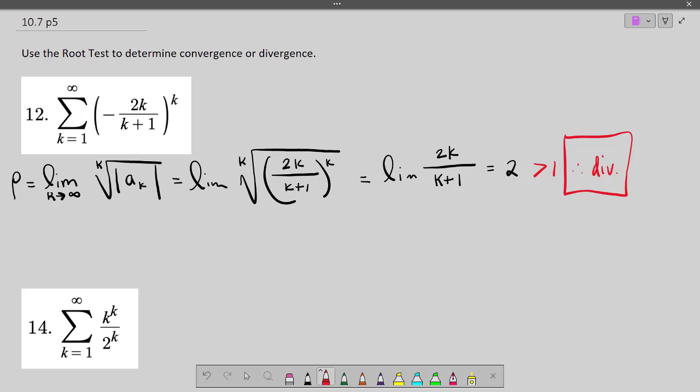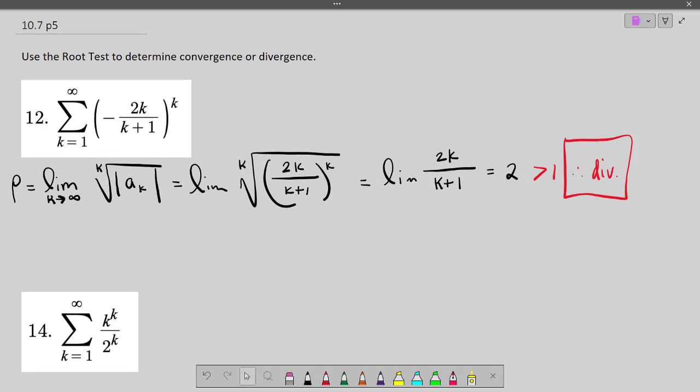Are these terms even going to 0? That's my question. If we look at the limit, let's get rid of the minus sign. So the question is, are those terms going to 0? The base here is going to what?